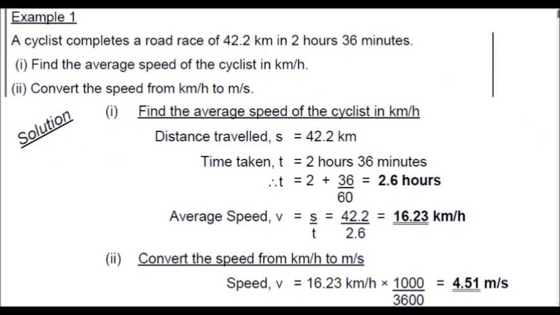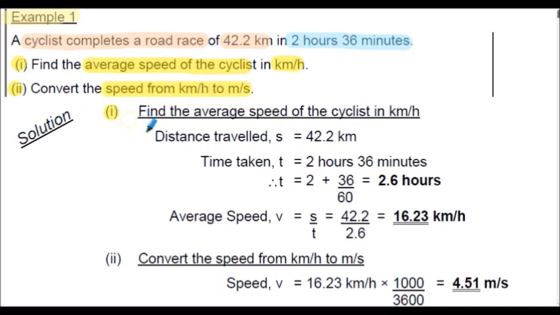Let's consider example 1. A cyclist completes a road race of 42.2 kilometers in 2 hours 36 minutes. Part 1, we have to find the average speed of the cyclist in kilometers per hour, and part 2, we've got to convert this speed into meters per second.